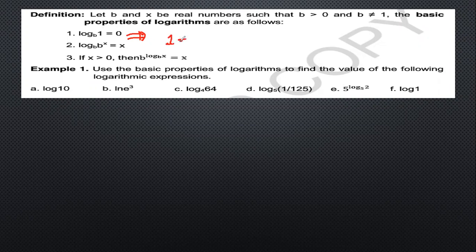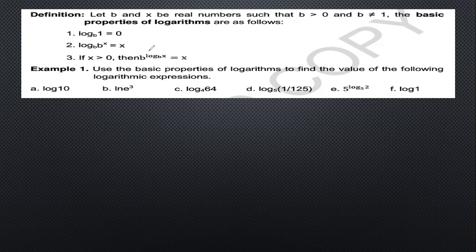So you have the 1, you get the base b, and whatever is the number here becomes the exponent. So this is really true because b to the power of 0, or any number raised to the power of 0, is 1. So again, log 1 base b will only be true if that is equal to 0.